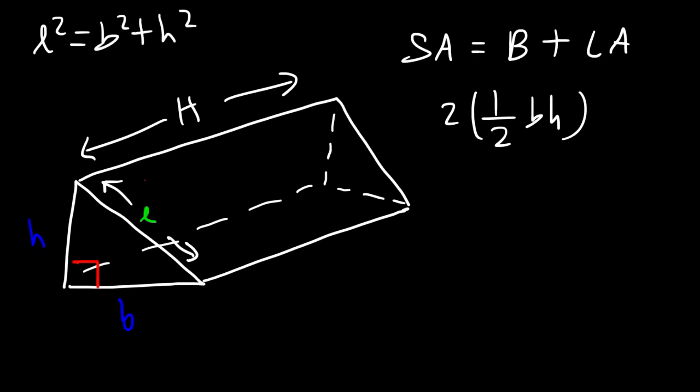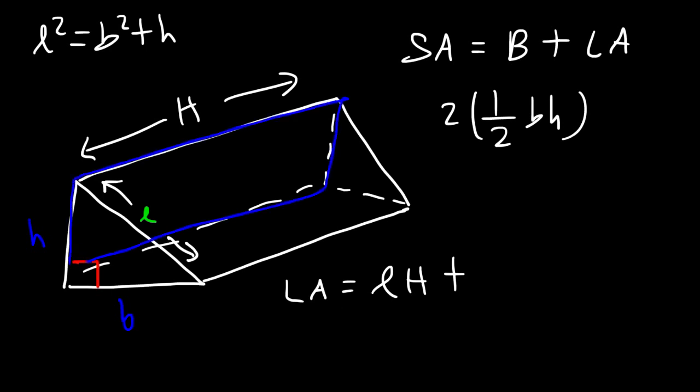So if we wish to calculate the area of this face right here, the top face, it's going to be L times the height of the prism. So that's LH. Now let's say if we want to calculate the area of the face in the back, which is this face right here.